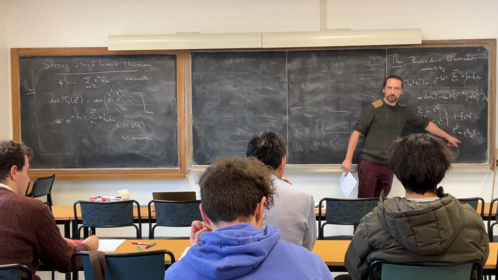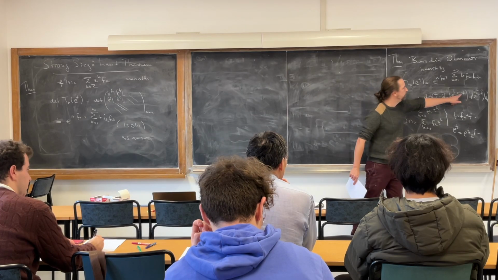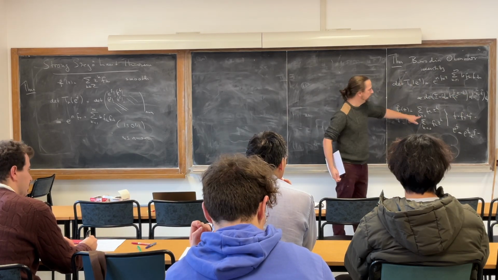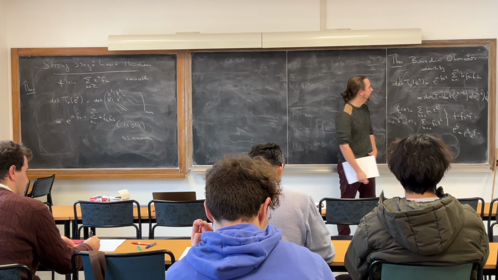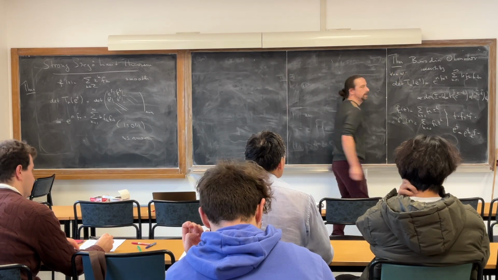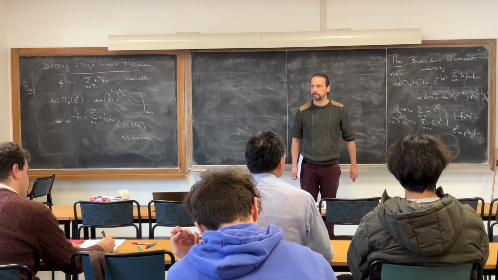Just to get it right, these f plus and f minus are just the splitting of this function in this form. Okay? And this holds for all n. It's a finite expression, it's not a limit.